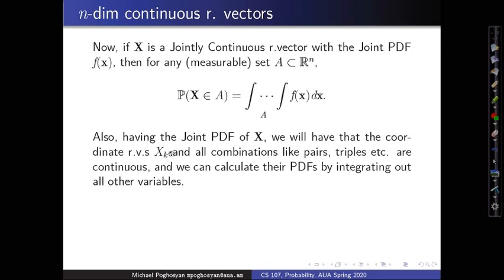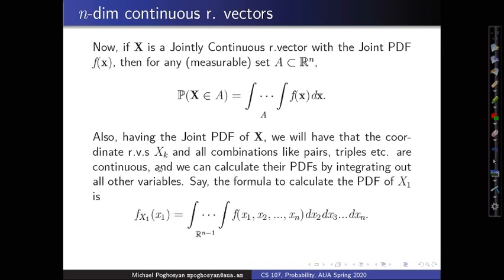All coordinates xk will be continuous, and the marginal PDF of xk is calculated by integrating all other variables out.